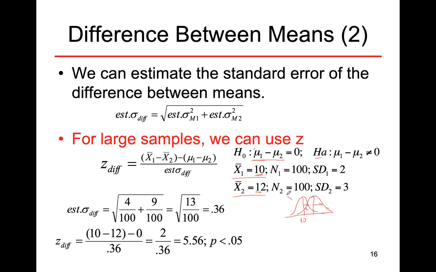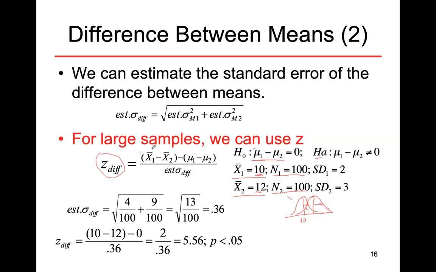So I'm trying to find out if these two things really have a significant difference between them or not, okay? This is what I'm trying to find. If I have a large sample of data, such as 100, then I can use the Z approach, which we have done before.